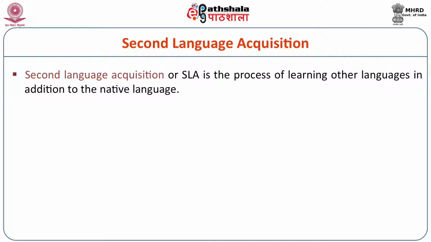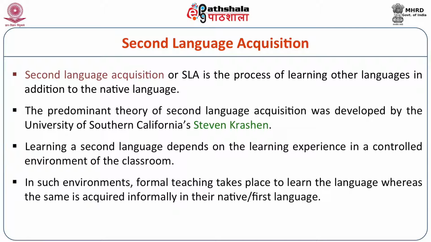SLA is the process of learning other languages in addition to the native language that we know, but the predominant theory of SLA was developed by the University of Southern California's Stephen Krashen. We keep on discussing Krashen whenever we talk about SLA because his theories, whether you agree with or oppose them, are important to discuss.